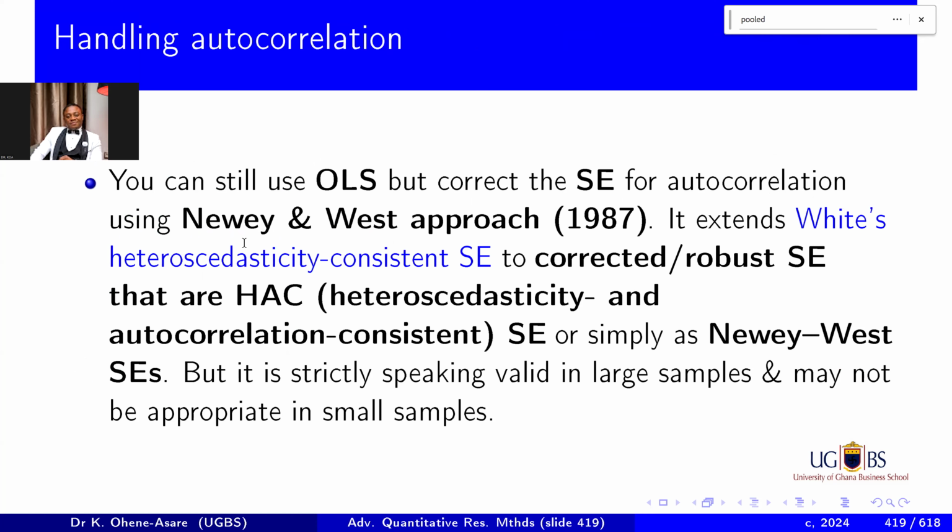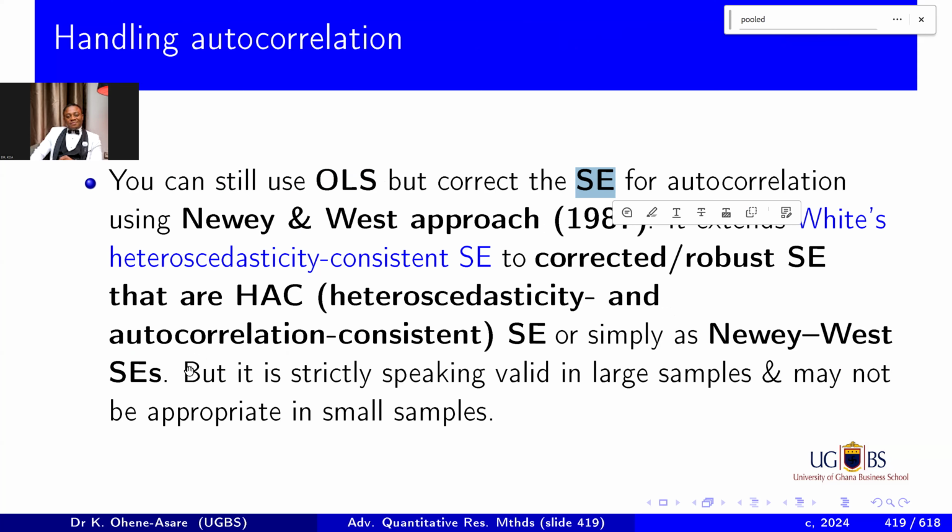But like I said, what is the best one? Still use the OLS, the old guy, and correct for the standard errors. In the process of doing that, you use Newey-West standard errors, which is going to correct for both autocorrelation and heteroscedasticity. This is why it is known as robust standard errors, that is, heteroscedasticity and autocorrelation consistent standard errors, or simply the Newey-West standard errors.